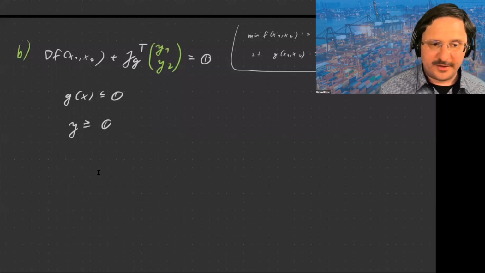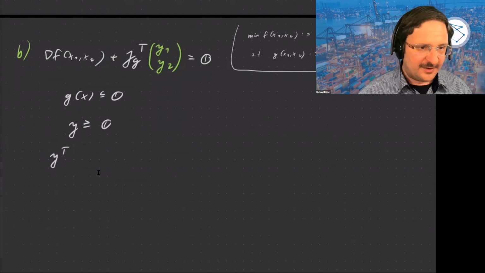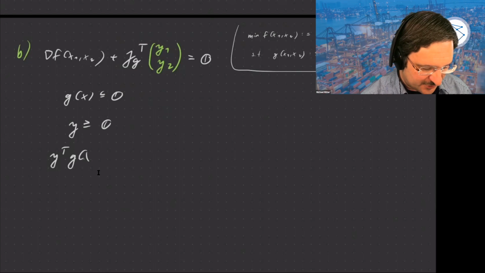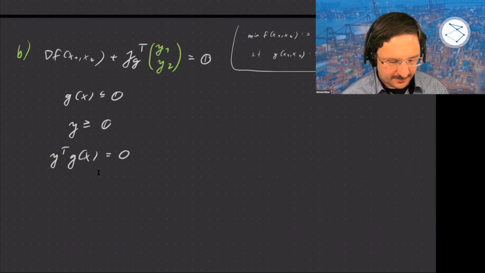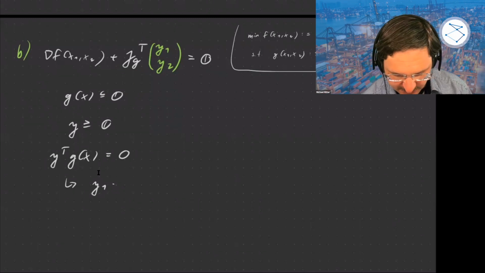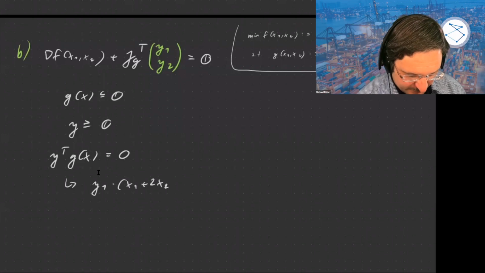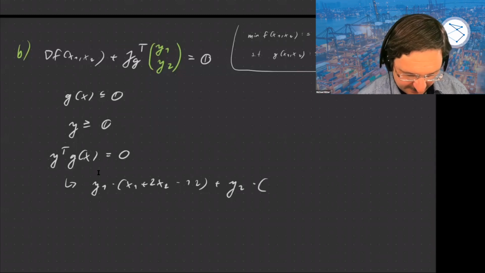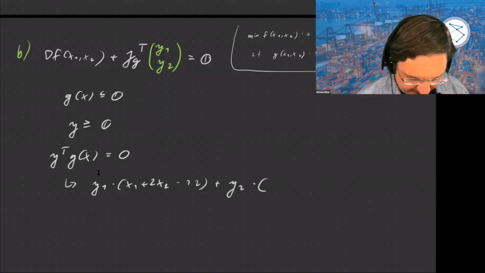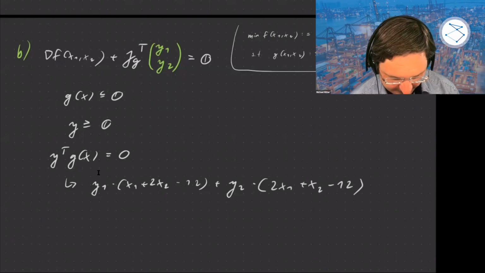And finally, we want the complementarity conditions, which in short can be written like this. We have y transposed times g of x is equal to 0. And basically what that means is you have y1 times the first condition, the one associated to y1, x1 plus 2x2 minus 12, plus y2 times the second condition, this one here, 2x1 plus x2 minus 12.